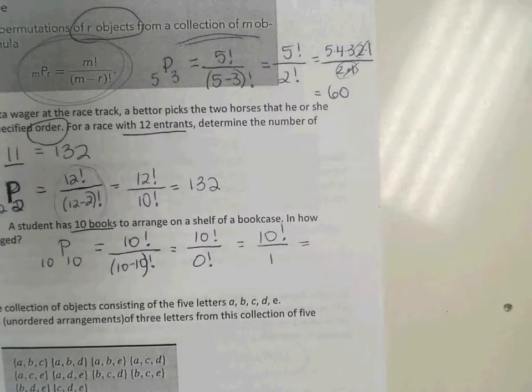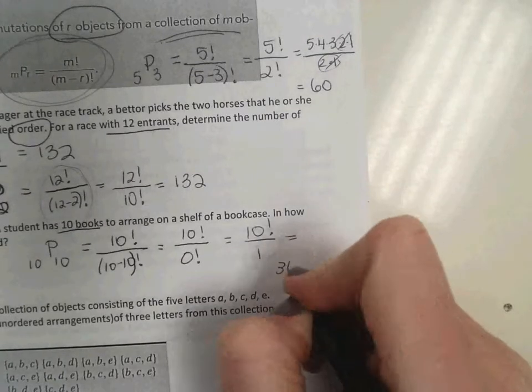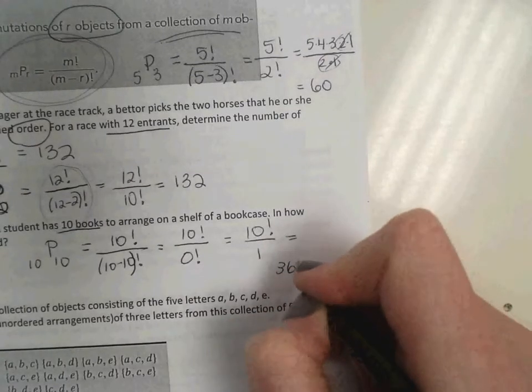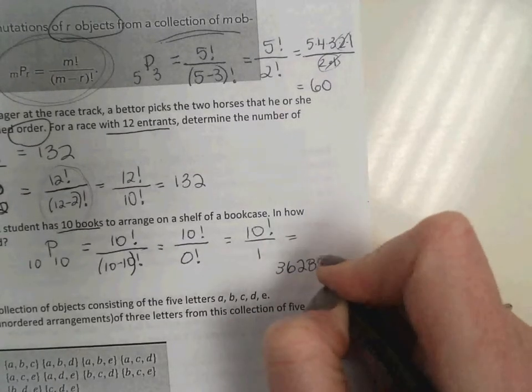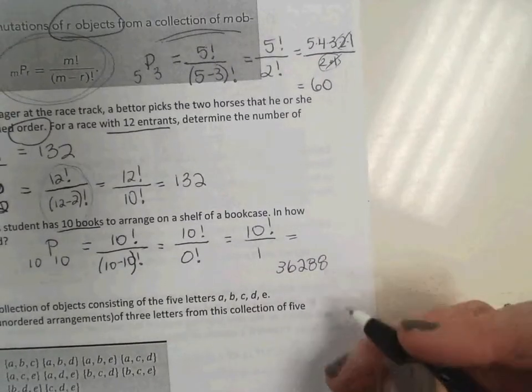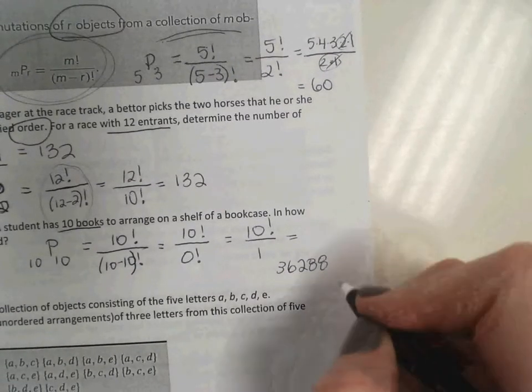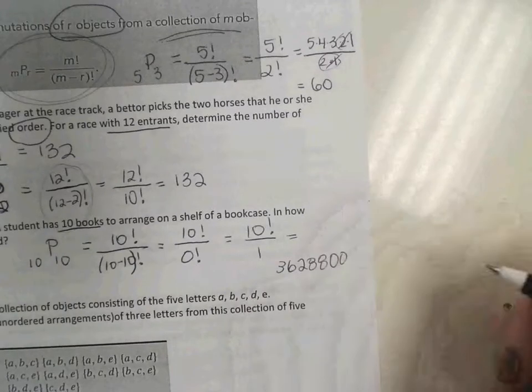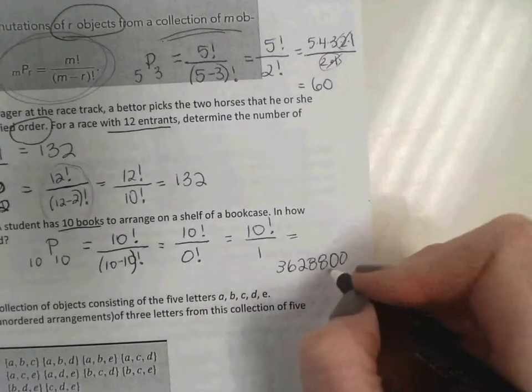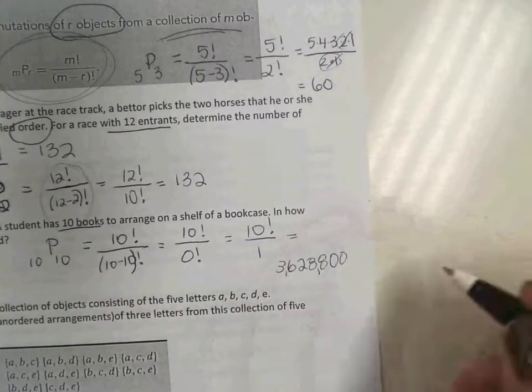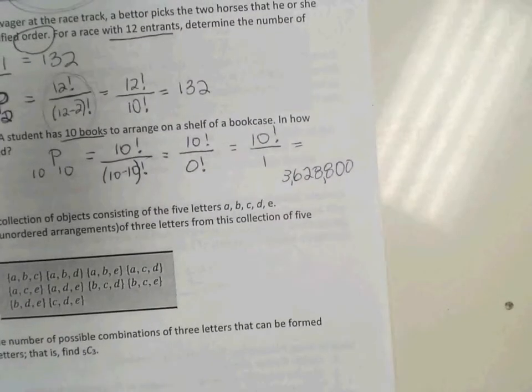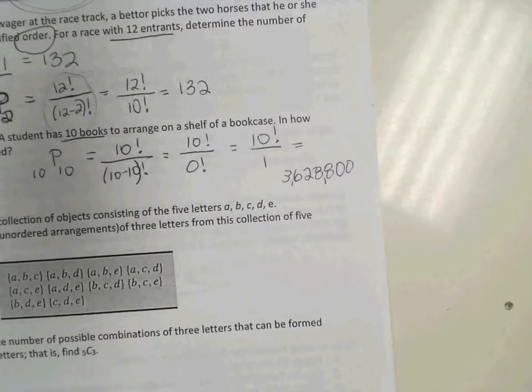Zach Butler, what'd you get? 3,628,80. How many zeros are there? 2 zeros. Thanks. 3,628,800. Is that what anyone else got? Great. Nice job.